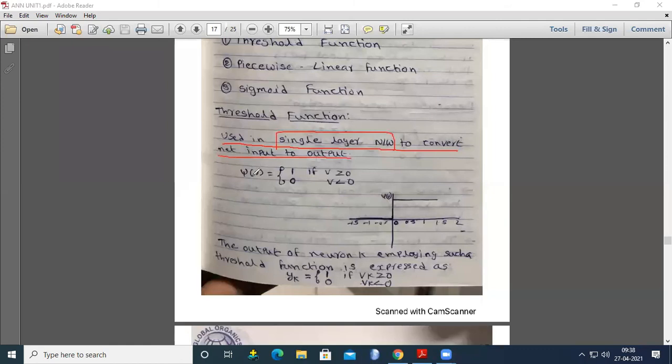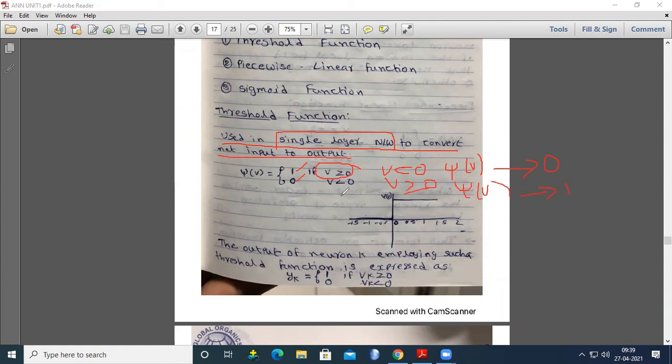That means psi of v is 1 or 0, so the output is always 1 or 0. If the v value is less than 0, then this activation function outputs 0. If the v value is greater than or equal to 0, then it returns 1.